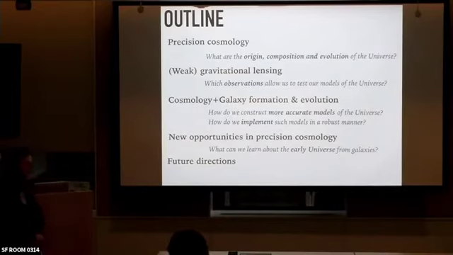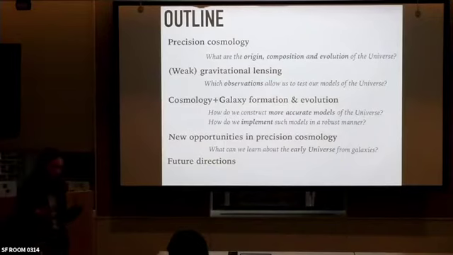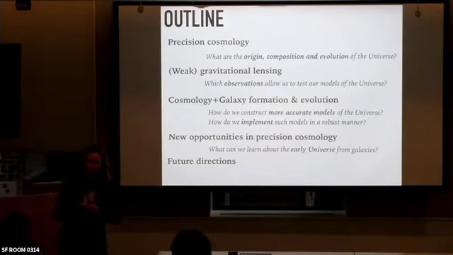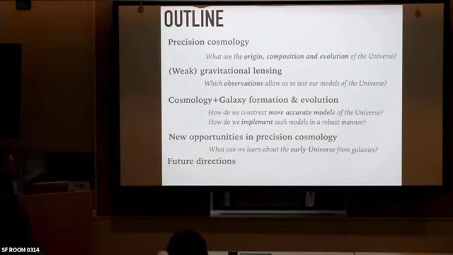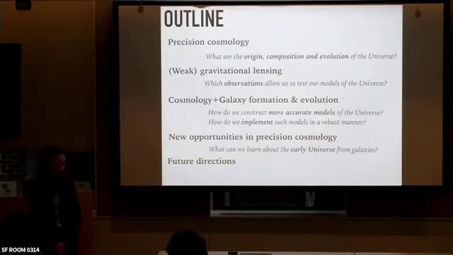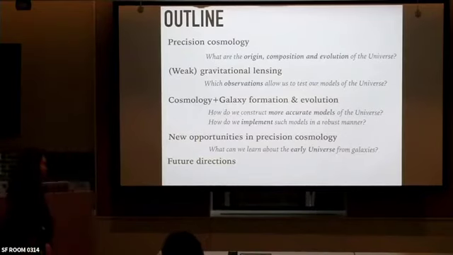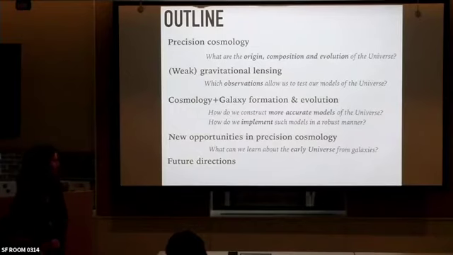I'll make a case for cosmology now merging a little bit with galaxy evolution and galaxy formation, because I think the way that we need to construct more accurate models of the universe for the next generation of surveys is by taking input from galaxy evolution as well. I'll tell you how we implement those models in current pipelines for future experiments, and some of the new opportunities that open up with the data that is coming in the next decade.